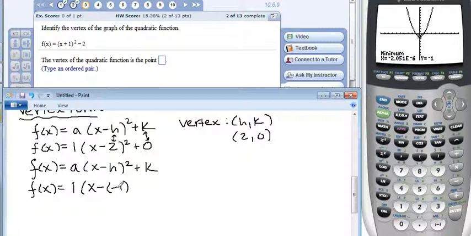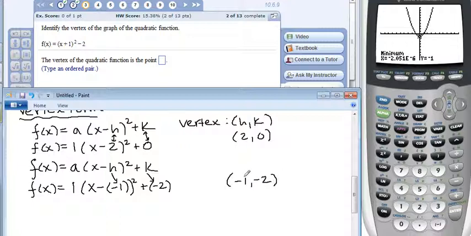Isn't that adding? Now it looks like the original vertex form. And I've got plus a negative 2 if I wanted to be really precise here. Therefore, my h is negative 1 and my k is negative 2. X minus whatever h is plus k. So here my vertex is minus 1, minus 2.